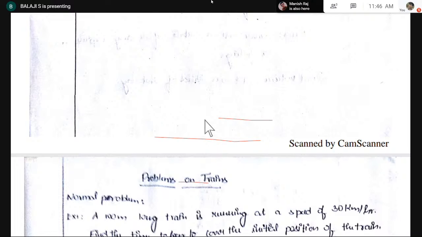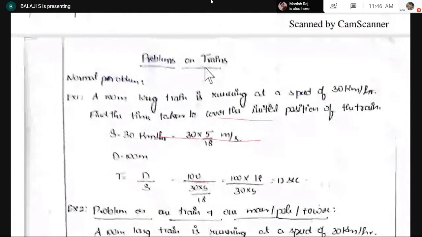Problems on trains. This is very important, and it is also very easy when compared to the previous ones. Just a normal problem. A 10-meter long train is running at a speed of 30 kilometer per hour. Find the time taken to cover the initial portion of the train.